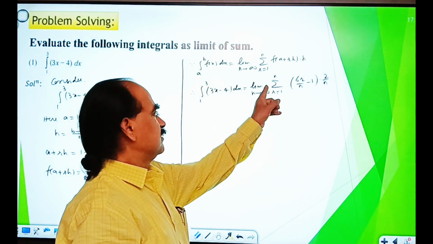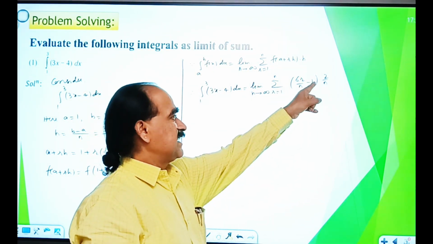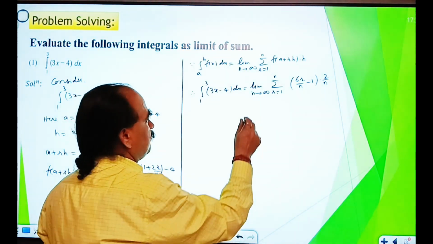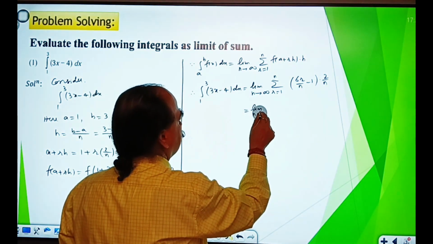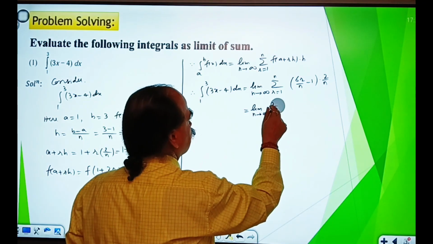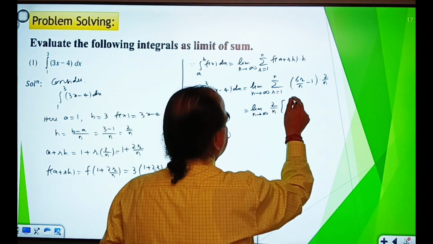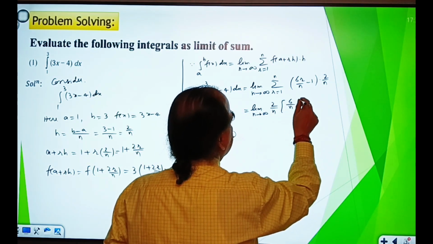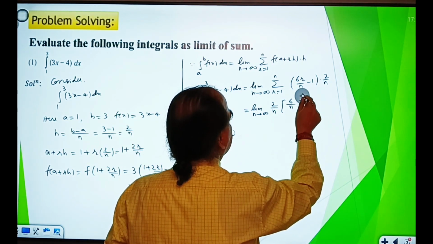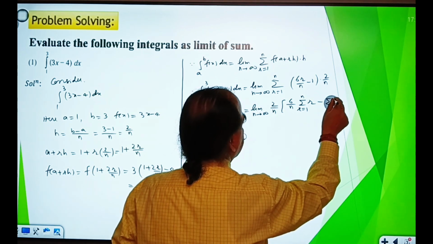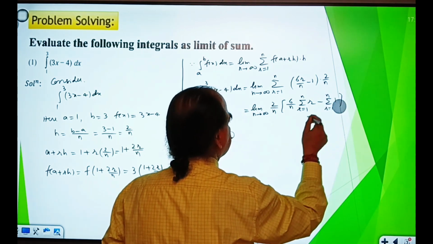Now sigma is affecting r. So 2 by n, being independent of sigma, will come outside, but it will remain within the limit sign. So limit n tends to infinity, 2 by n, and the sigma will separate: 6 by n sigma r minus sigma 1, r from 1 to n.